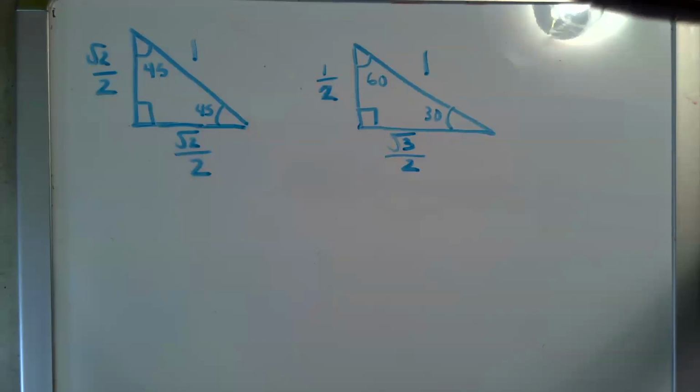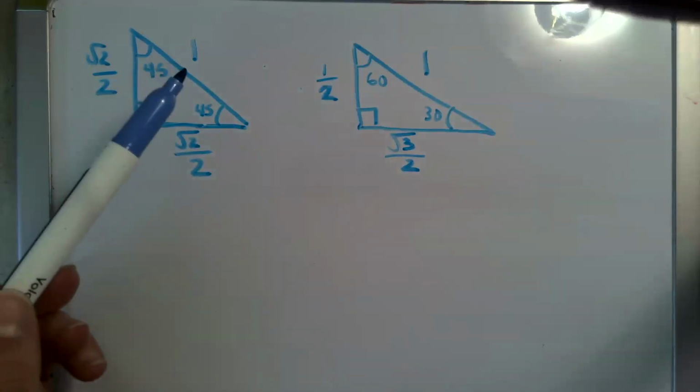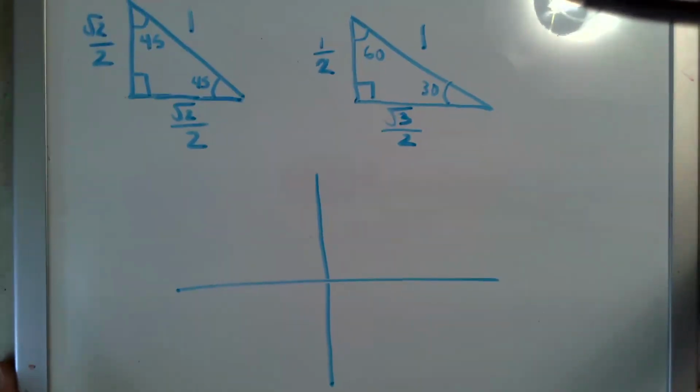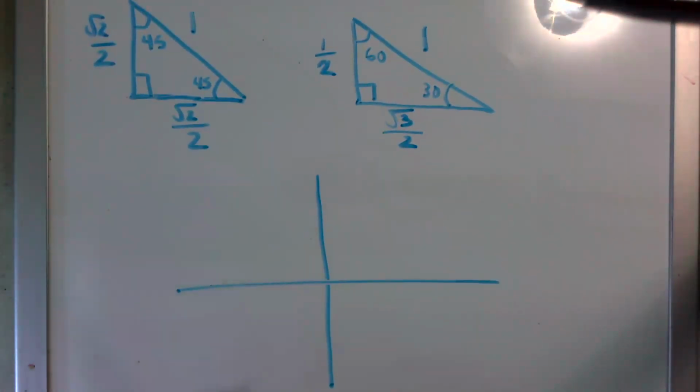And the reason it's called a unit circle is because our hypotenuse all the way around is going to be 1, a single unit. So here's our XY axis.